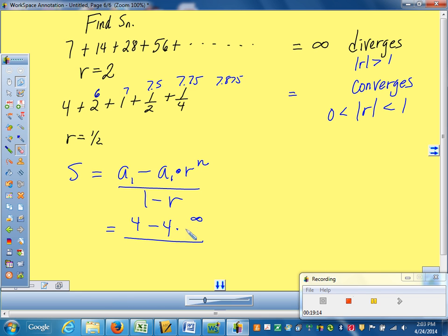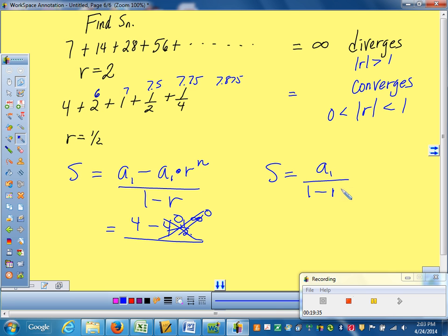What happens to a fraction if you take it to a whopping huge power? It's smaller. It's 0.0000000. So this whole thing is going to go towards 0. What's 0 times 4? 0. That whole part wipes out, becomes 0. So if you want to sum an infinite one, it's just first term over 1 minus the ratio. That's all you have to do. They're the easiest problem you ever work.